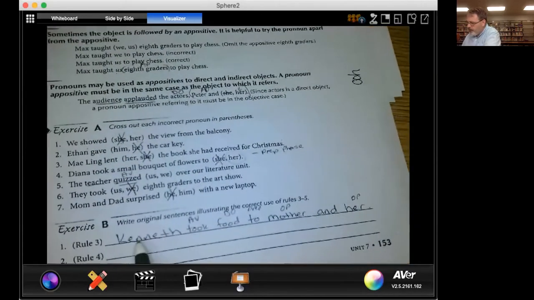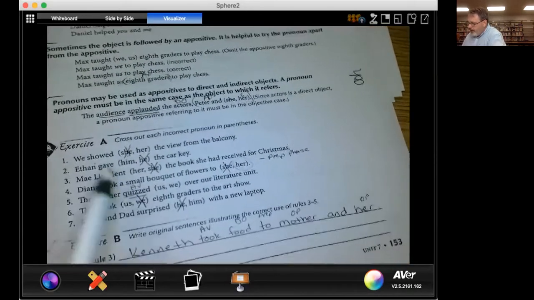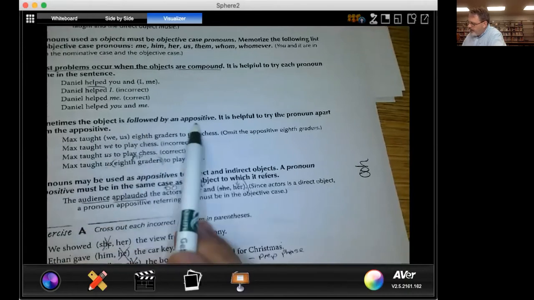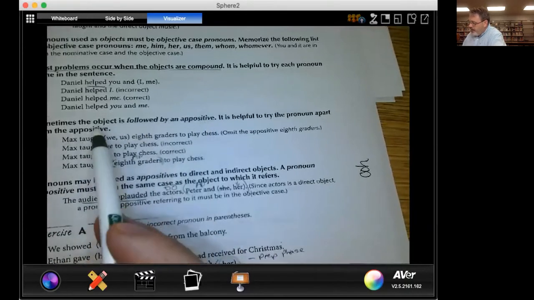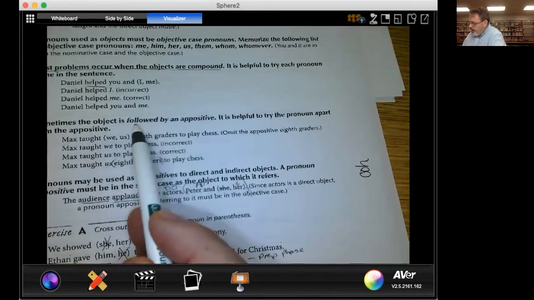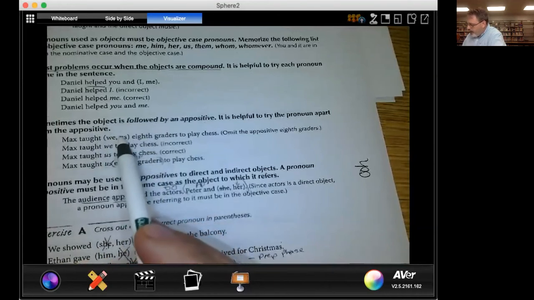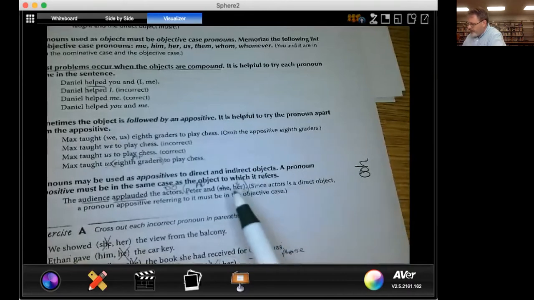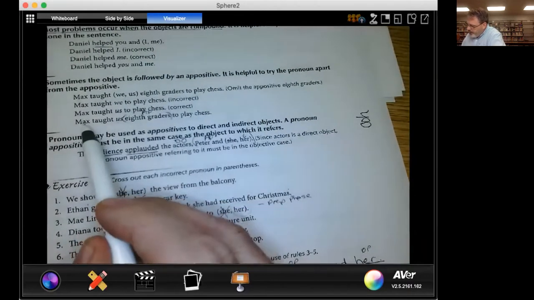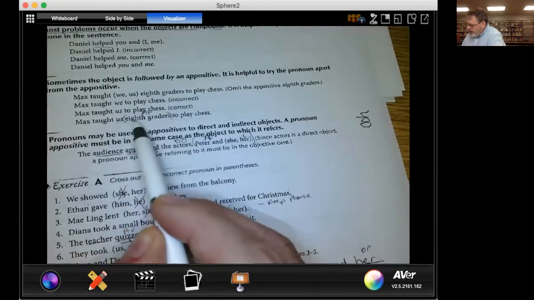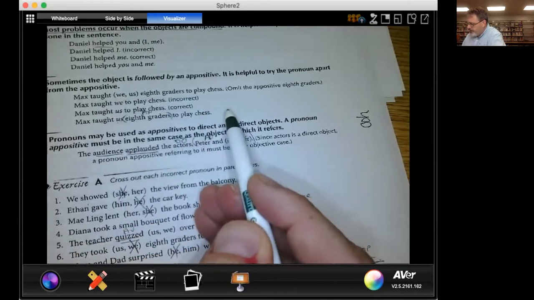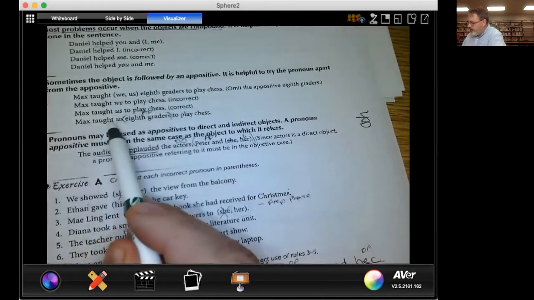Let's look at rule number 4. Okay. Sometimes the object is followed by an appositive. So we've got an object, a pronoun object, an objective case pronoun, followed by an appositive. Here's the example that they gave. Max taught us 8th graders to play chess. So it's something similar to that.